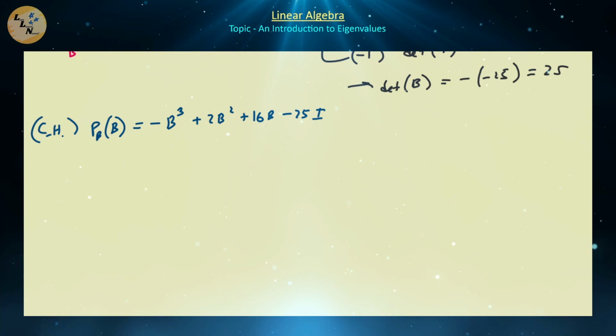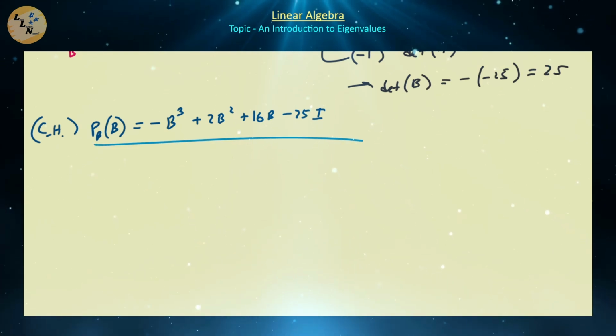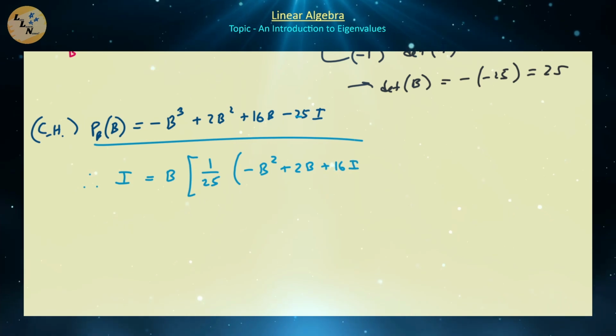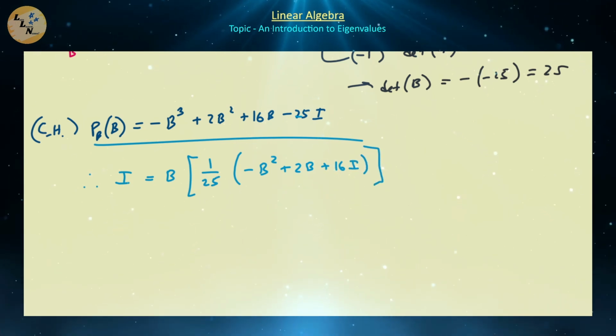So let's go through that motion and see what we get. By the Cayley-Hamilton theorem, the identity matrix is going to be equal to, once we factor out that B, 1 divided by 25 times minus B squared plus 2B plus 16 times the identity matrix.